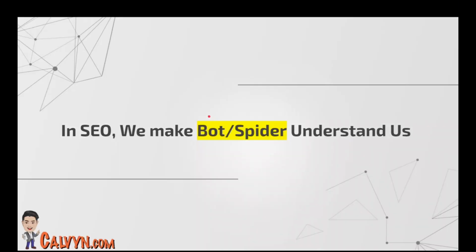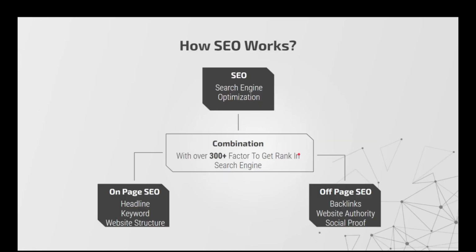Okay, now in search engine optimization, we make the bot or the spider understand our website, understand us. So search engine optimization consists of on-page SEO and also off-page SEO. The combination of these two has approximately 300 factors.